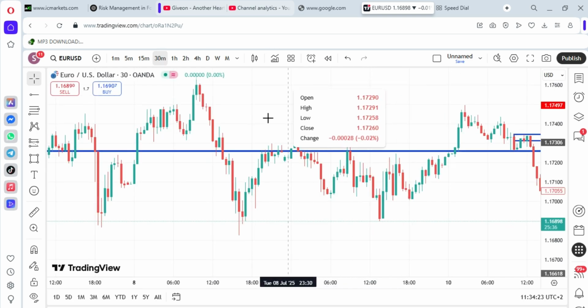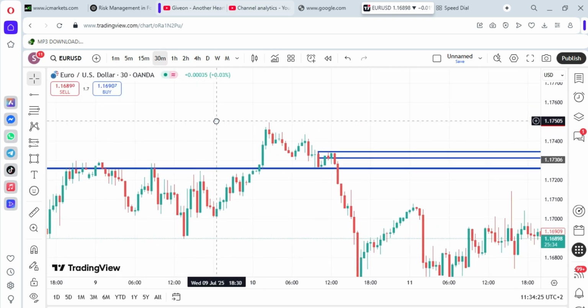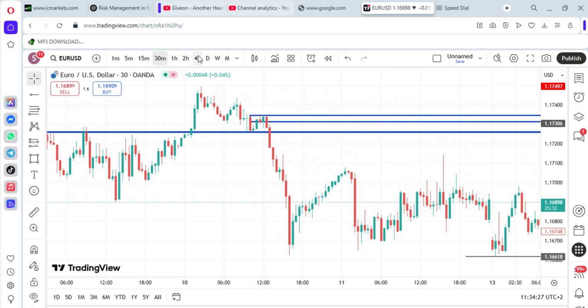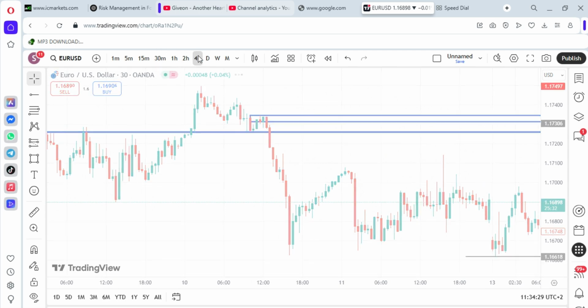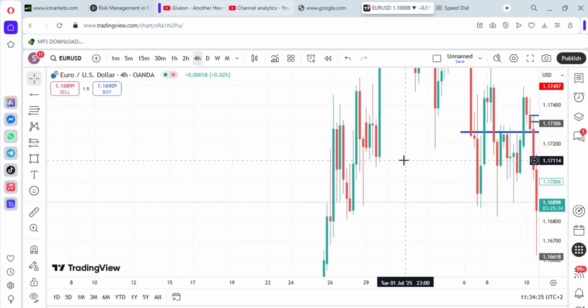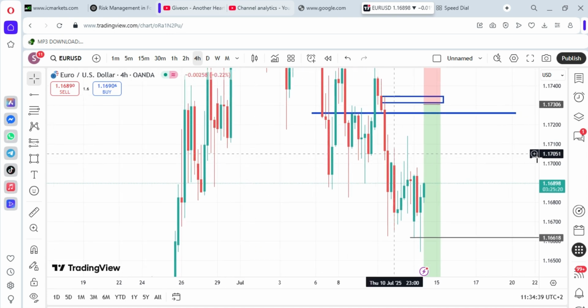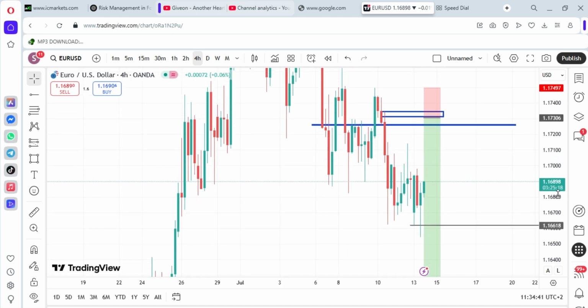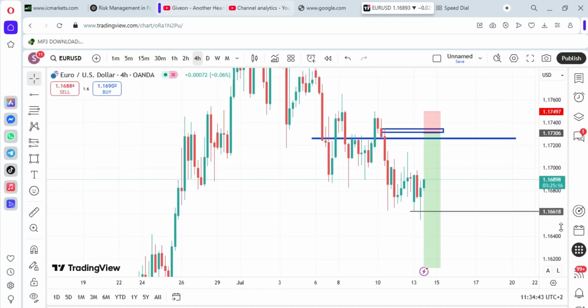Yeah, it's in the 30 minutes time frame. So our confirmation is on the H4, and this is a very powerful confirmation tool we use, and it has an accuracy rate of 80 to 90%. So that's why we use it.